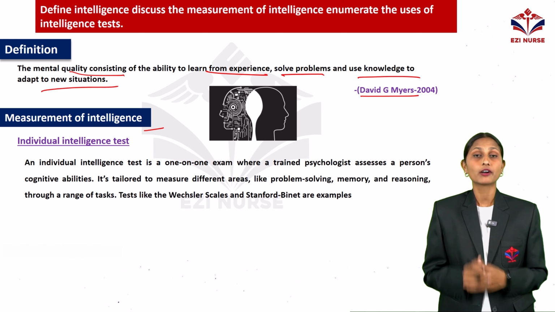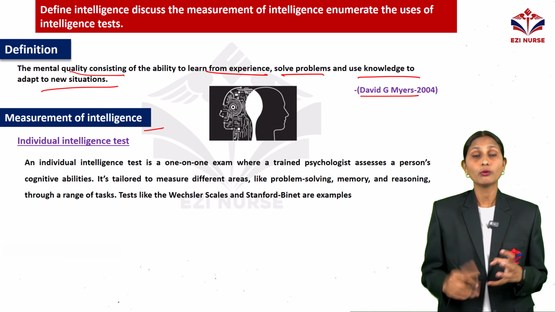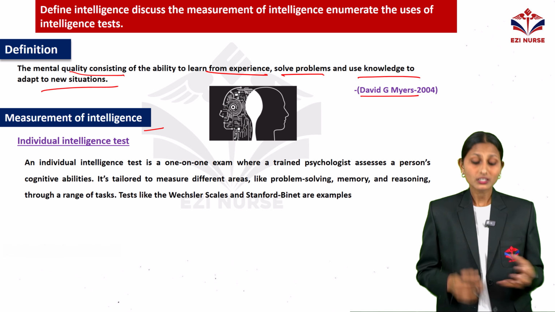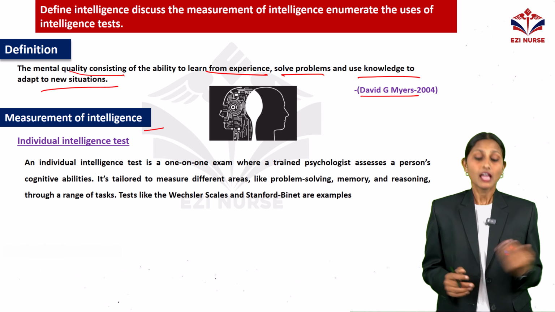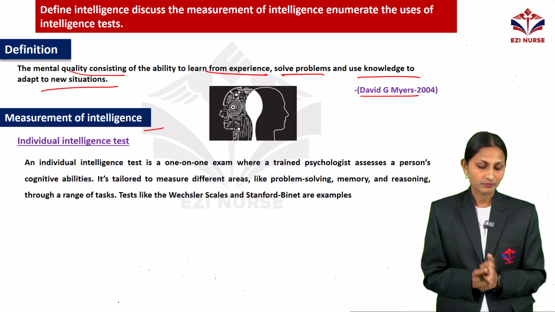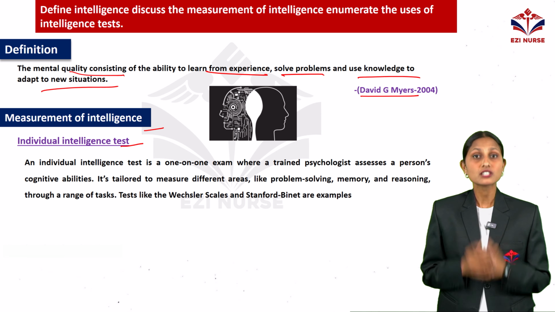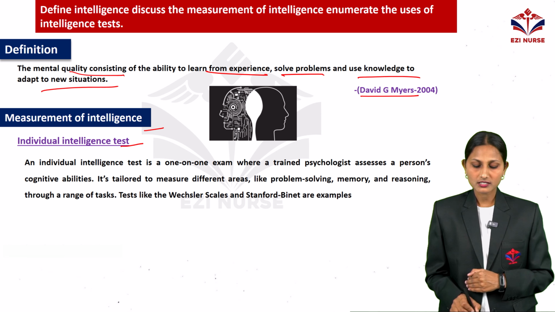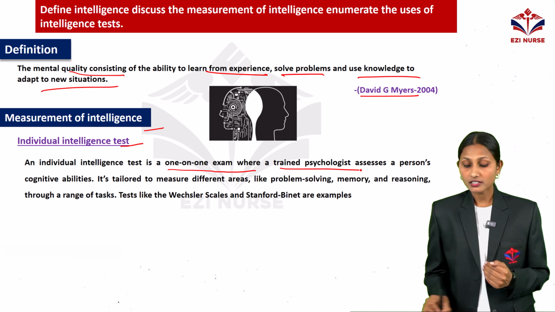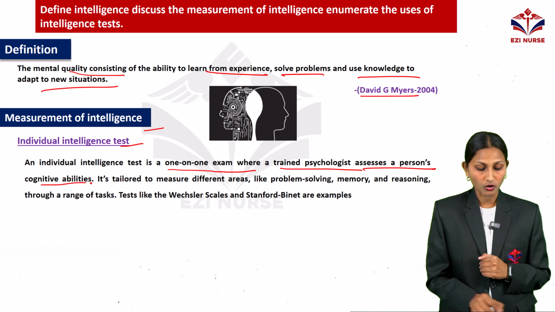Next, we will discuss the measurement of intelligence. With the help of what can we understand how intelligent we are? There are certain tests, and with the help of those, we will understand. So first one is the individual intelligence test. An individual intelligence test is a one-on-one exam where a trained psychologist assesses the person's cognitive ability.